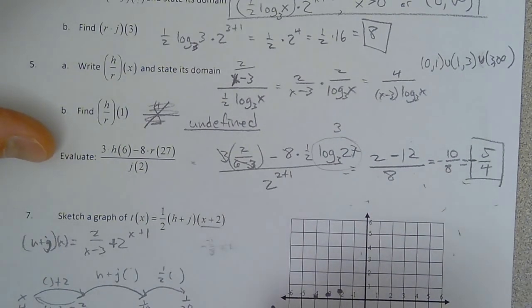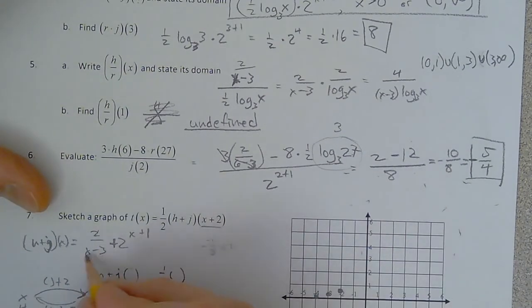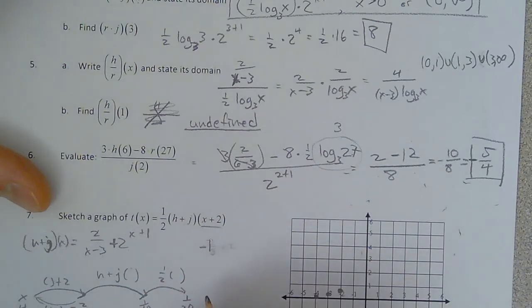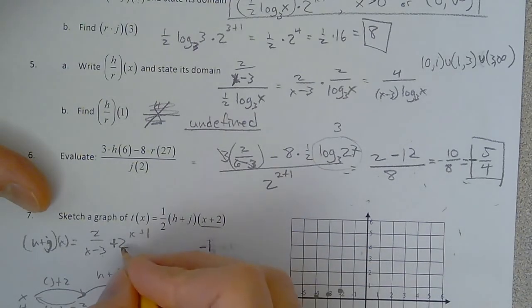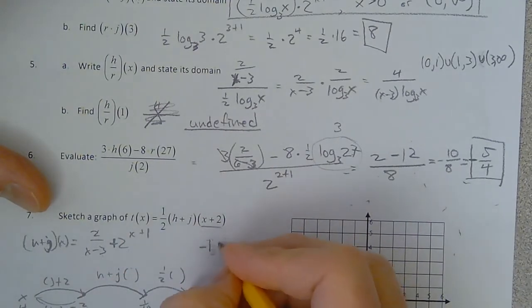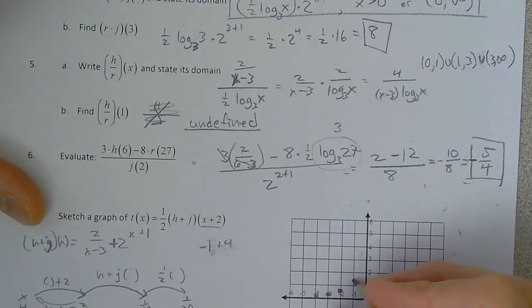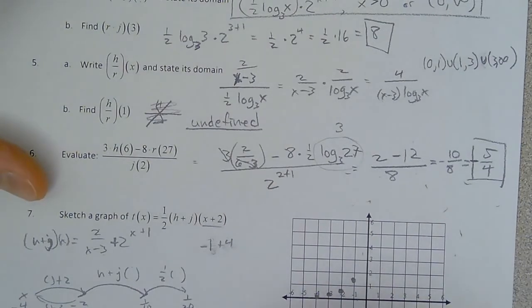All right, if we put a 1 in, I'm going to get 2 over -2, which is a -1, plus 2 squared, so plus 4, so that's 3. Half of 3 is 1.5. So -1, 1.5 is on this thing.